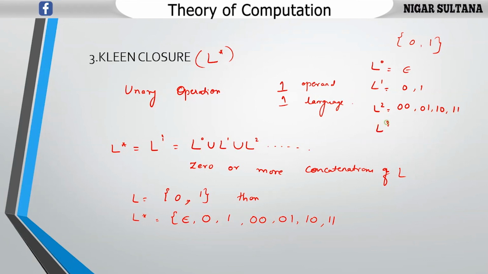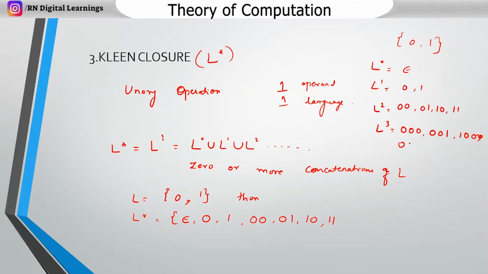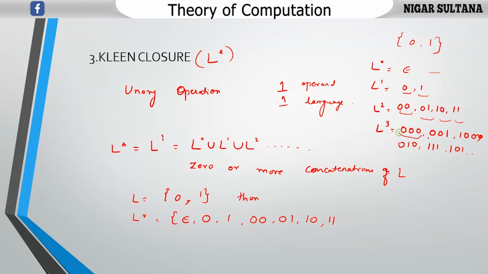If I talk about length 3, then 0 0 0, 0 0 1, 0 1 0, 0 1 1, 1 0 0, 1 0 1, etc. So these represent length 0, this is length 1, these are length 2 and length 3.